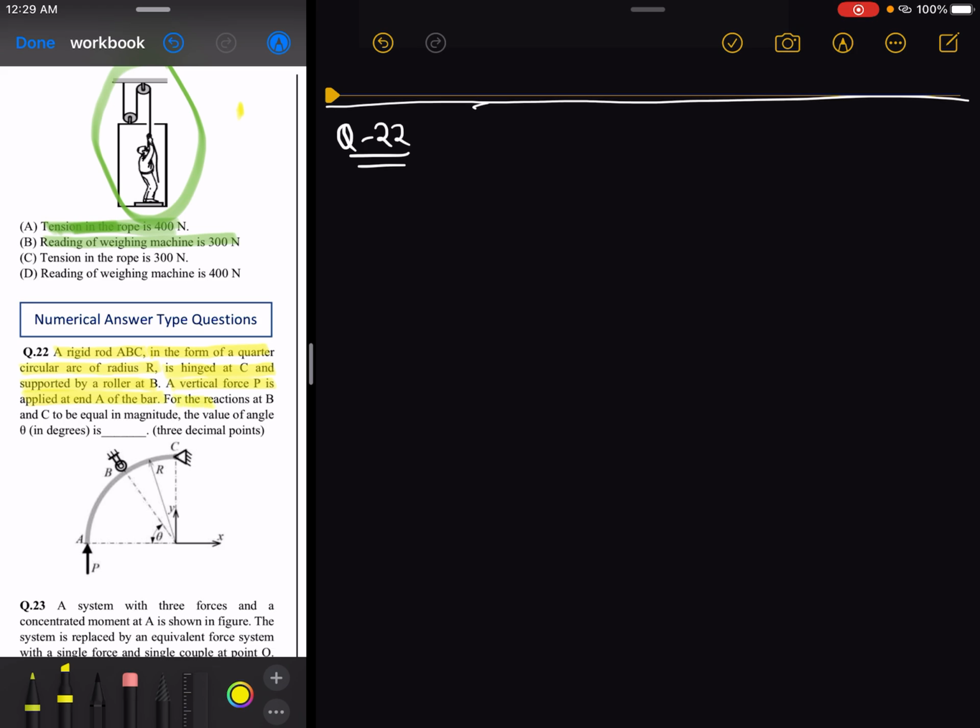For the reactions at B and C to be equal in magnitude, the value of the angle theta up to 3 decimal points is asked.